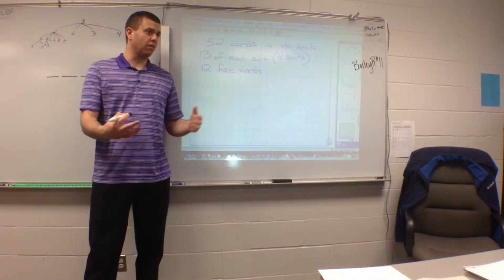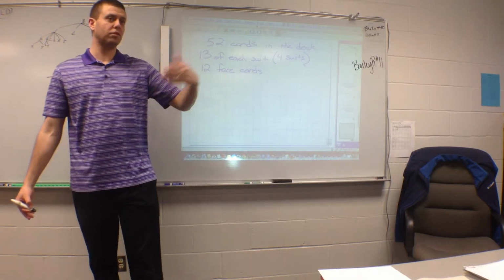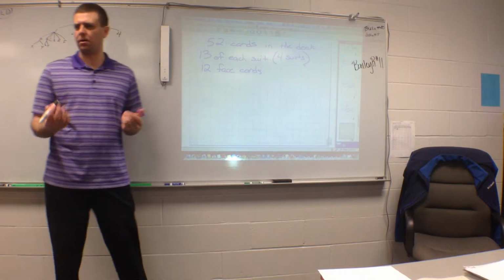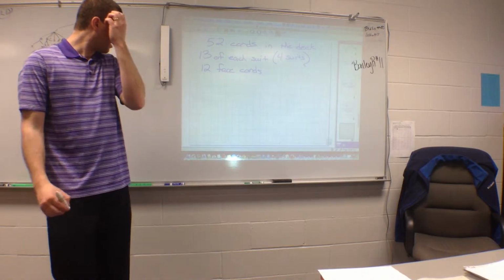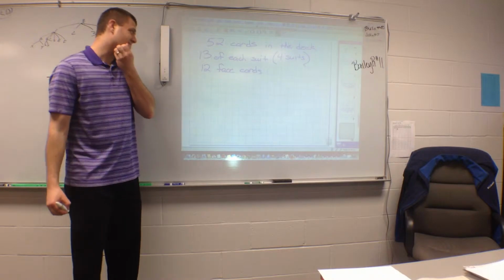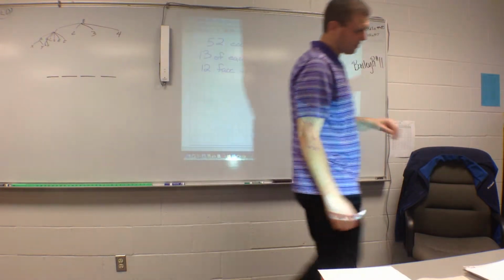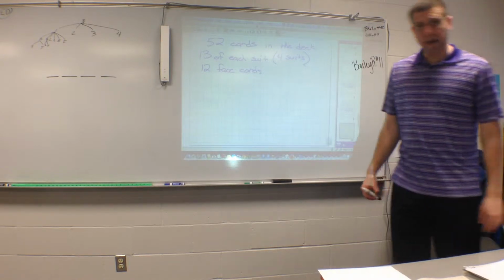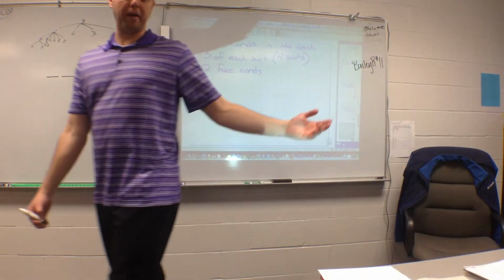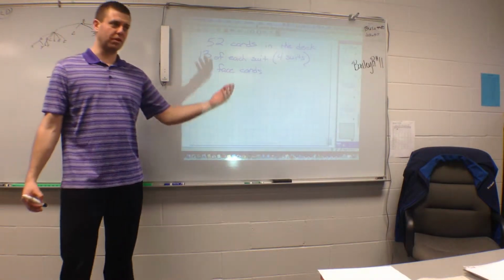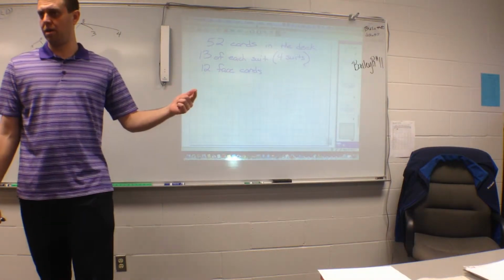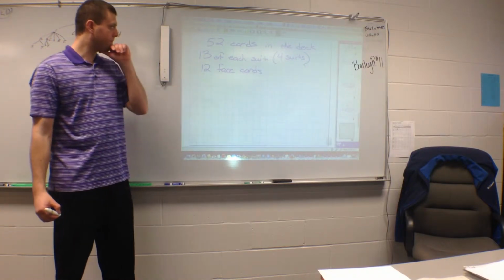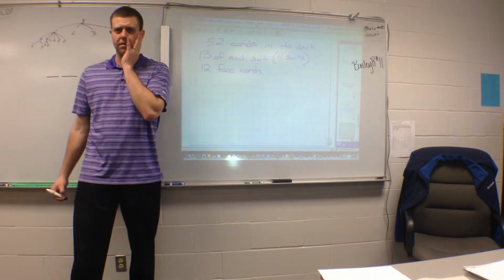If you don't know, there are 4 aces, there are 4 2s, there are 4 3s, there are 4 4s, and so on. There's 4 of every kind of card in the deck. Half of the cards are black, half of them are red. There are 26 red cards, 26 black cards. The spades and clubs are the black, and the diamonds and the hearts are red. Any questions on the types of cards?